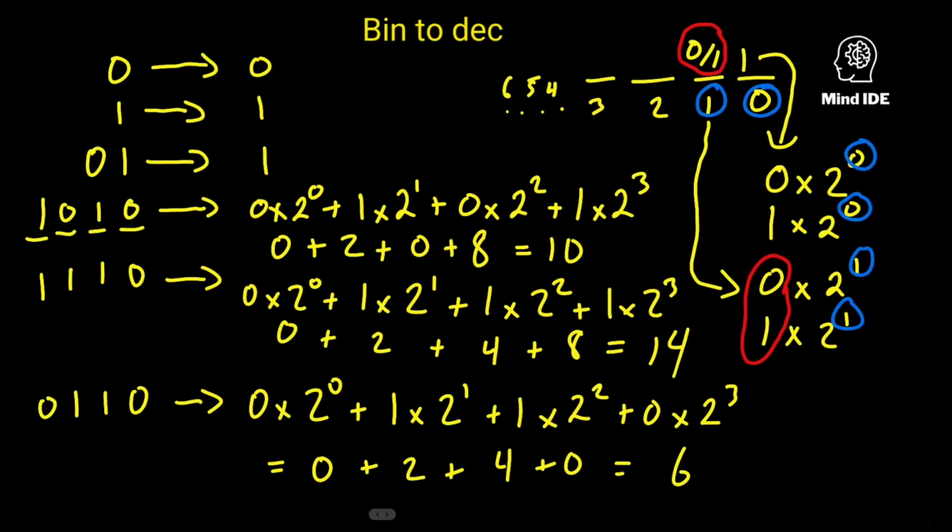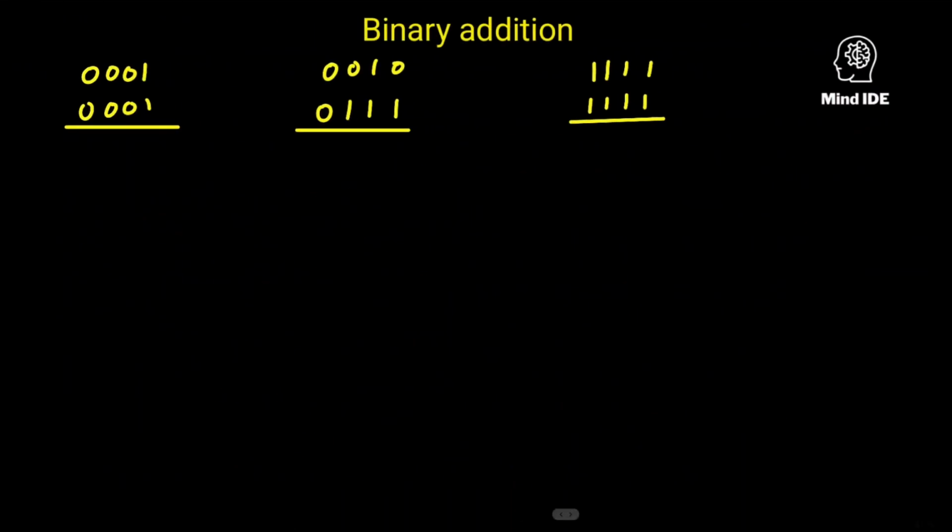And just keep in mind that your index point always begins with 0. So your first index point is 0, then 1, then 2, then 3, and so on. So it's really quite simple to convert binary to decimal. And I hope that makes sense to you. If you have any questions, definitely leave it in the comments.